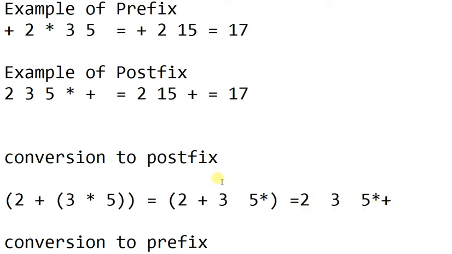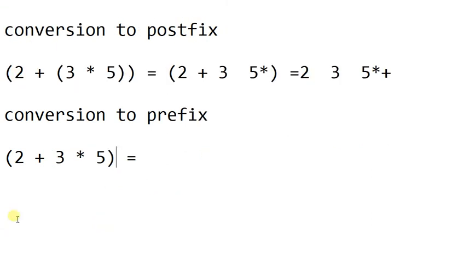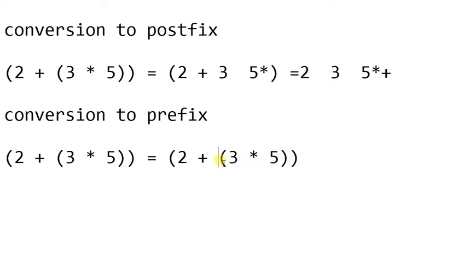Similarly, for prefix notation, first of all we cover the expression inside brackets, the outside brackets covering the whole expression, then we apply brackets according to the order of evaluation. As you know, this has more precedence, so we will evaluate this first, and we apply a bracket here, and that's it. Now as it is a prefix notation, we will remove brackets one by one by moving the operators outside of the bracket. So the next step would give us, we will remove these two brackets and move this operator outside of these brackets, in place of the first bracket.